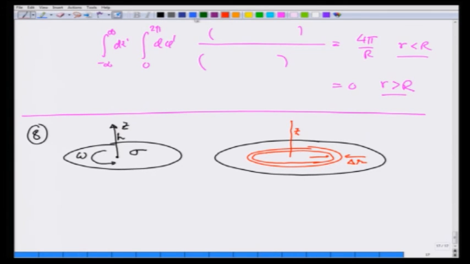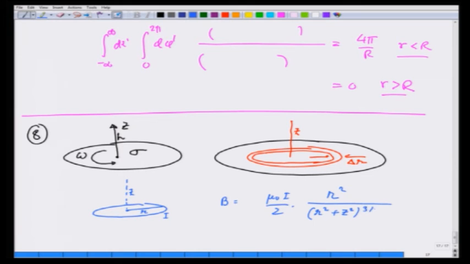Now, I know if I have a ring of radius r with current I, then at height z, the magnetic field due to this is nothing but mu 0 I over 2 times r square over r square plus z square raised to 3 by 2, and it is in the z direction.